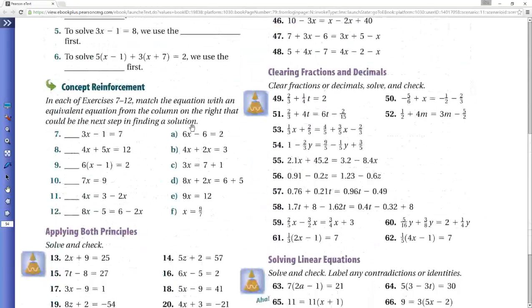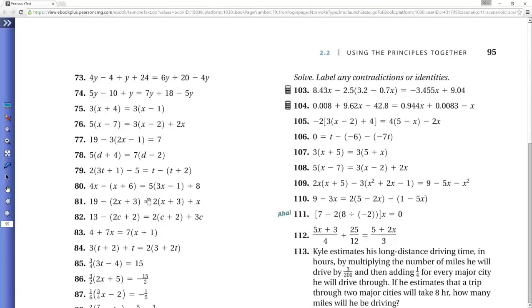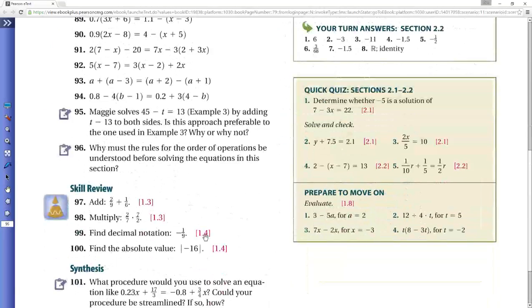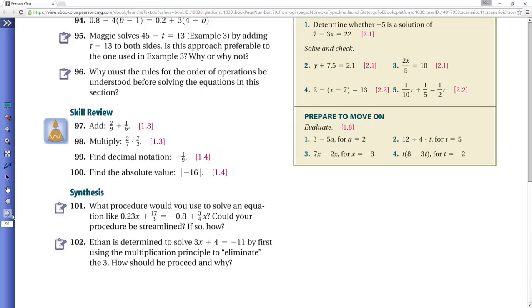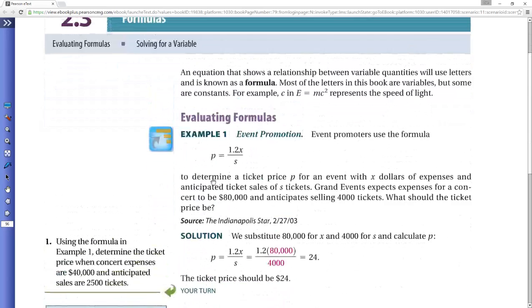So that's section 2, and section 3 of chapter 2 I'm going to get to, and then they get into formulas, which is really just applying stuff like this.